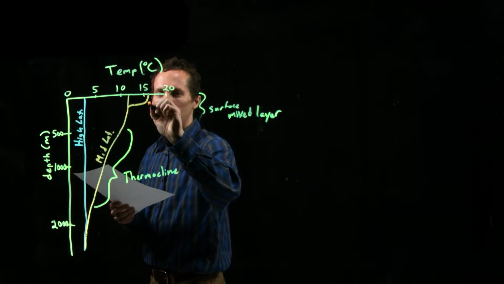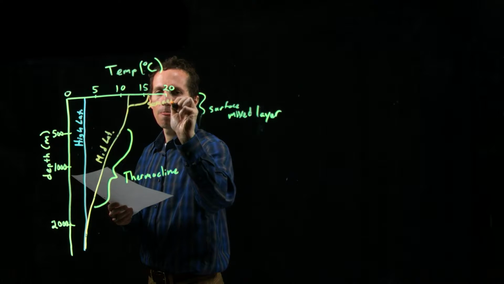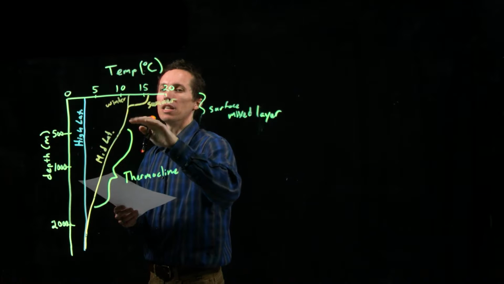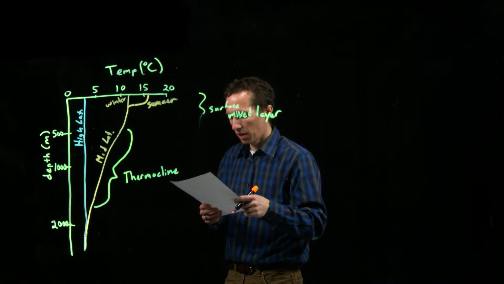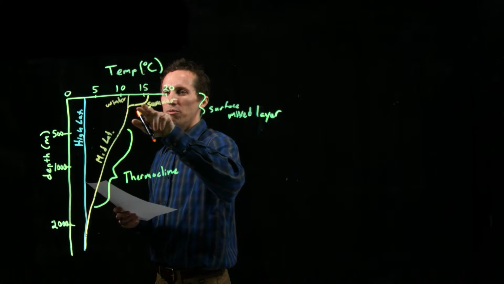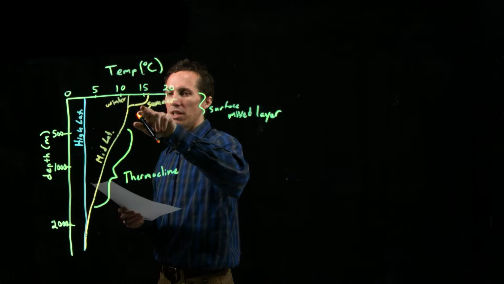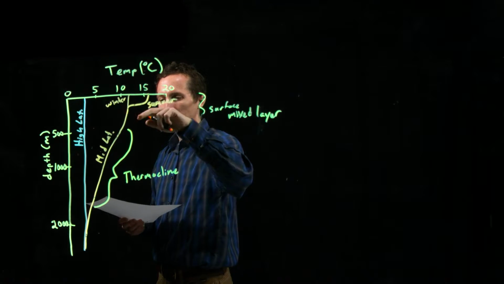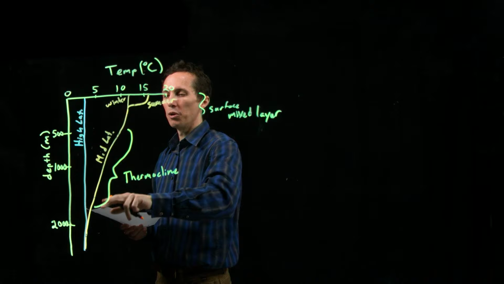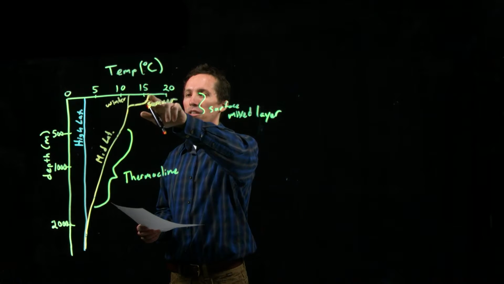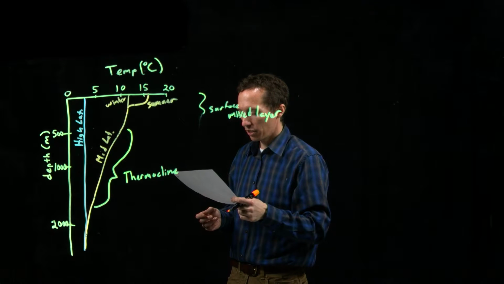And so we get summer and winter differences in the upper surface layer. This region underneath the summer layer is what's called the seasonal thermocline, whereas this is more of a permanent thermocline that doesn't change seasonally. So this one does as the surface temperatures increase.